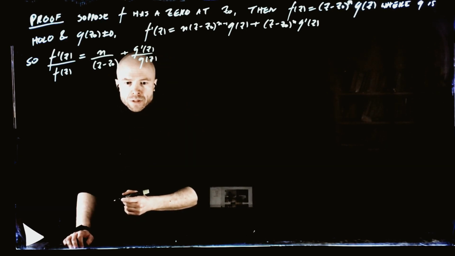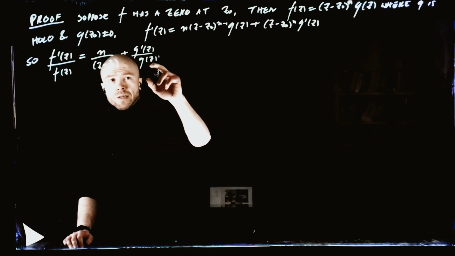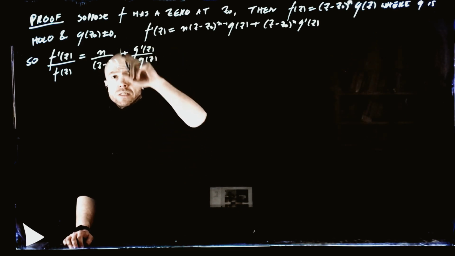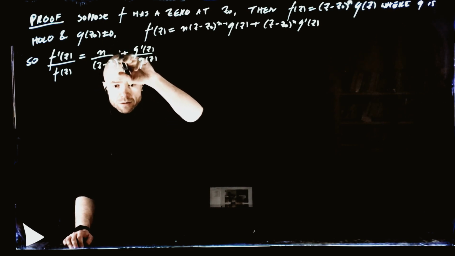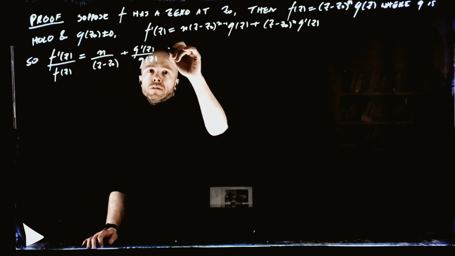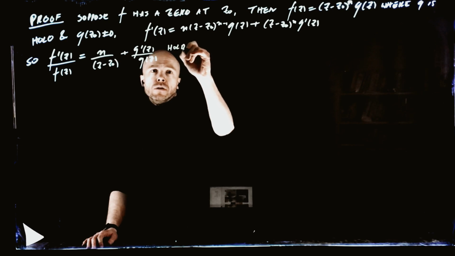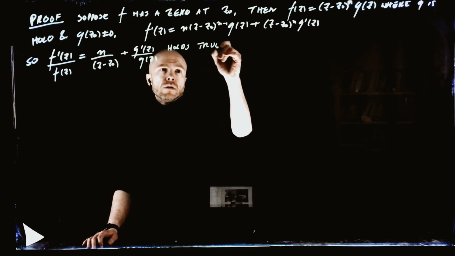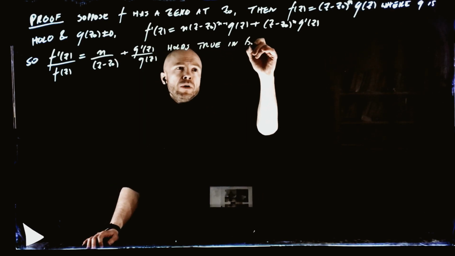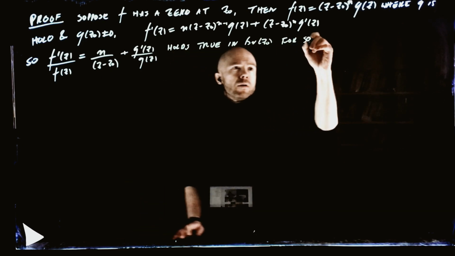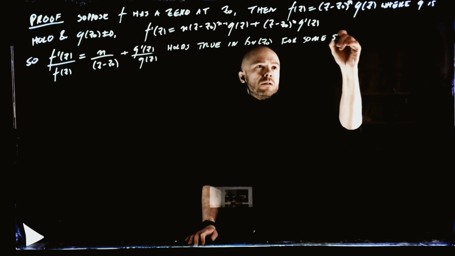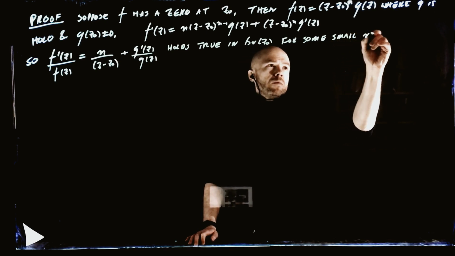Yeah? And g prime is holomorphic, g is holomorphic and non-zero around z0. So in a small neighborhood around z0, this thing is representable by this. Yeah? So this holds true in, say, B_R of z0 for some small R bigger than 0.